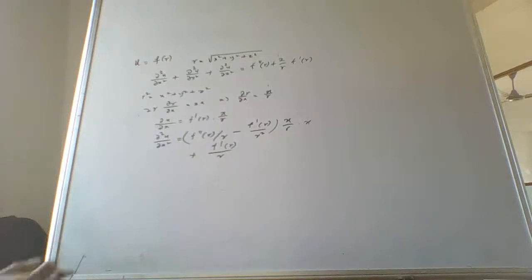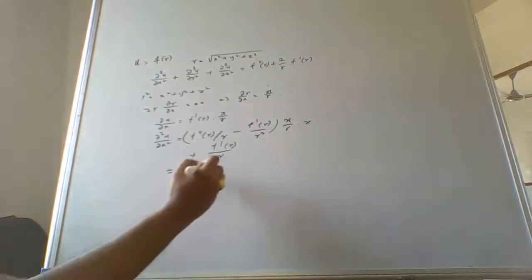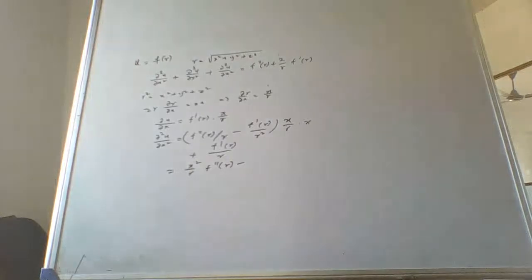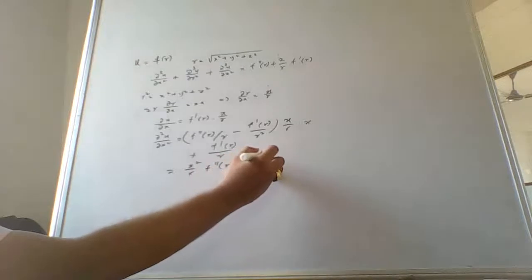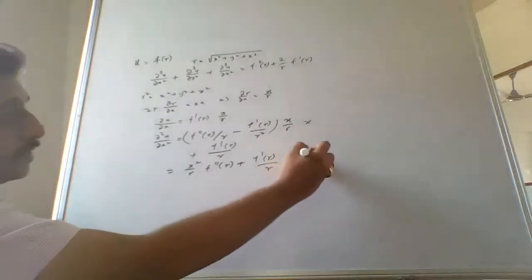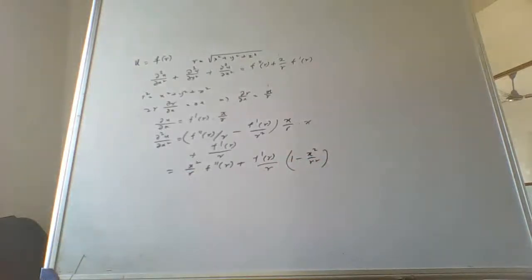Further, if I simplify this completely, what I get is x square by r into f double dash of r minus f dash of r divided by r into 1 minus x square by r square. So that's what I'm supposed to get.